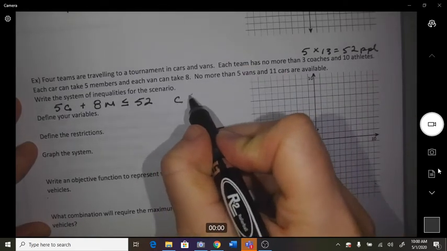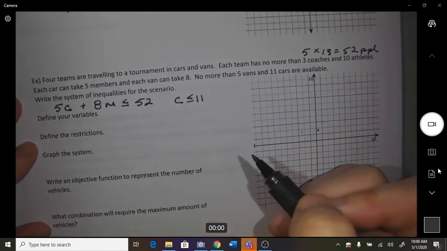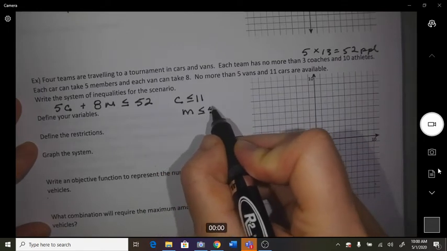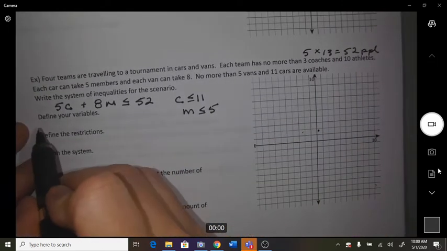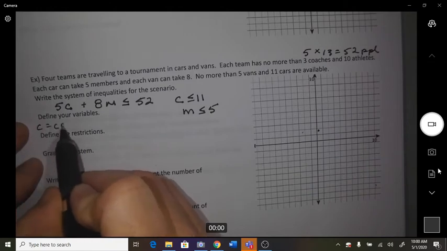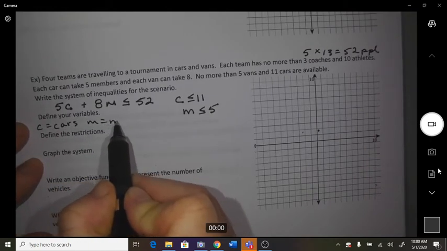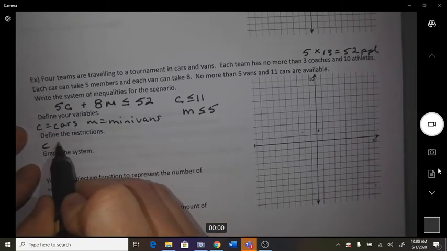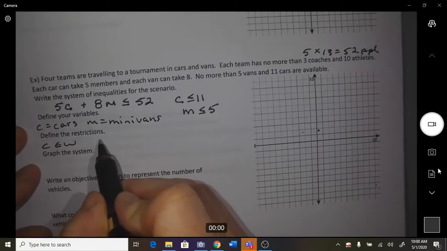The cars can't be higher than 11. The minivans can't be higher than 5. So we have C for cars, M equals minivans. Restrictions, that they would be whole numbers.